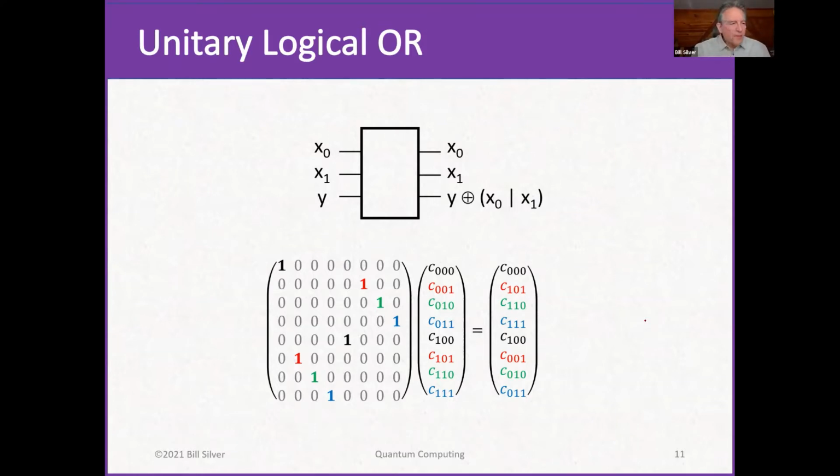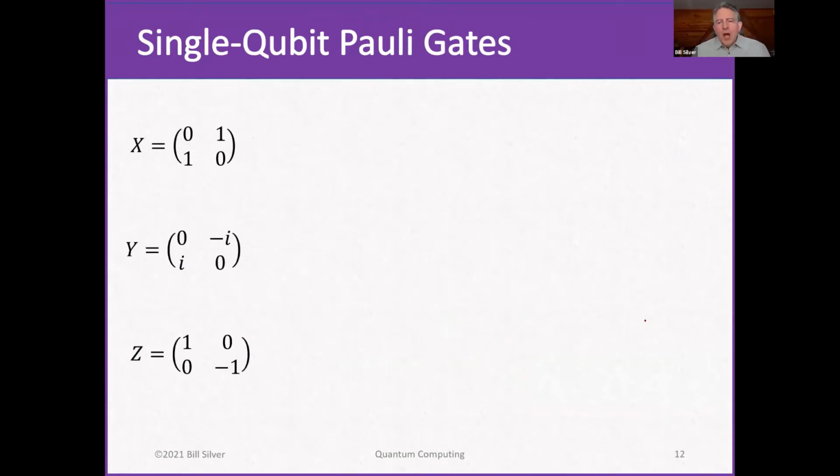All right. Let's look at some interesting stuff here. There are a number of single qubit gates that are used often enough, and those are known as the X, Y, and Z gates. We've already seen the X gate. That's the NOT gate.